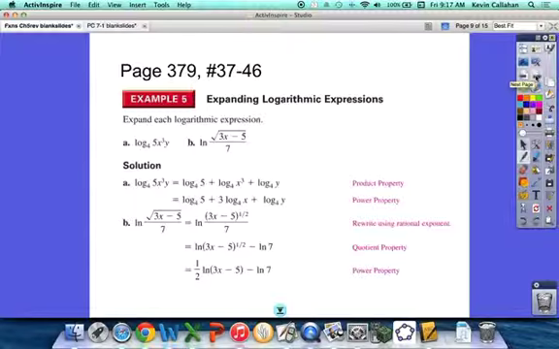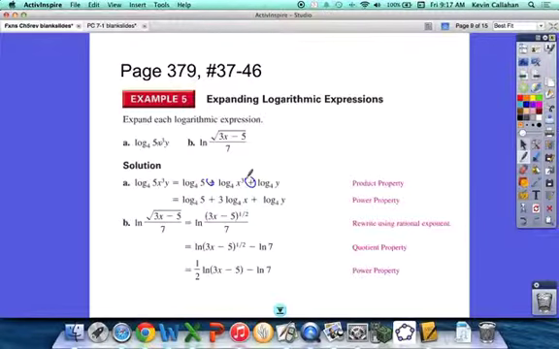Then we did the expand and condense. By expand, we meant to take one logarithm and break it up into many logarithms. So you could see on this first one, log base 4 of 5x to the third y, you can use the product property because this 5 is multiplying x to the third, and that's multiplying y. So those products there and there become pluses.